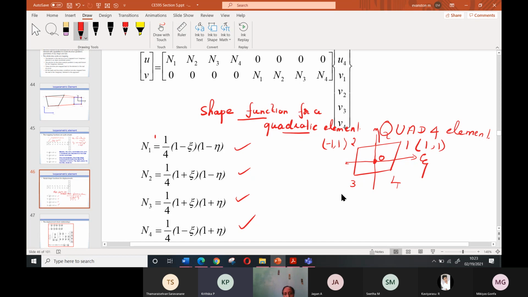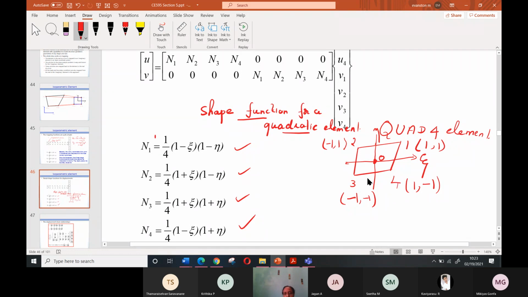And this coordinate is minus 1 comma minus 1. This one is plus 1 comma minus 1, where eta is minus 1. So these are the coordinates.